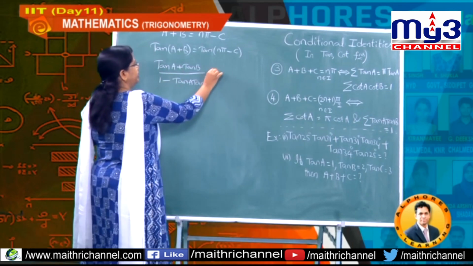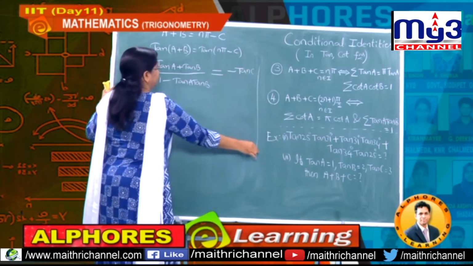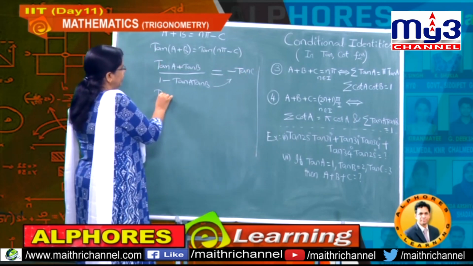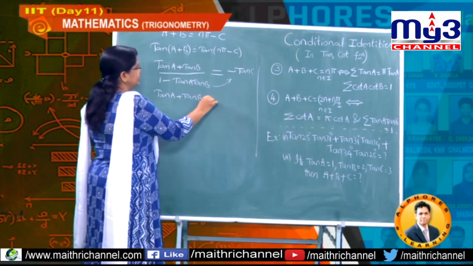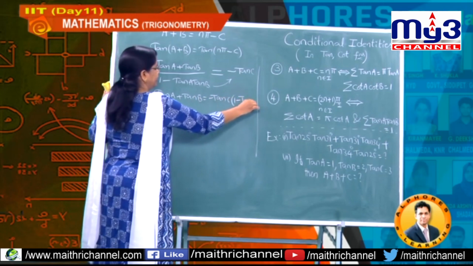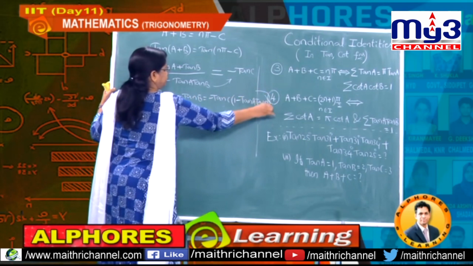Then what about this side? It is minus tan c, okay. Now let us do cross multiplication. Thereby tan a plus tan b equals how much? Minus tan c into (1 minus tan a tan b), okay students. So this is the value we got.